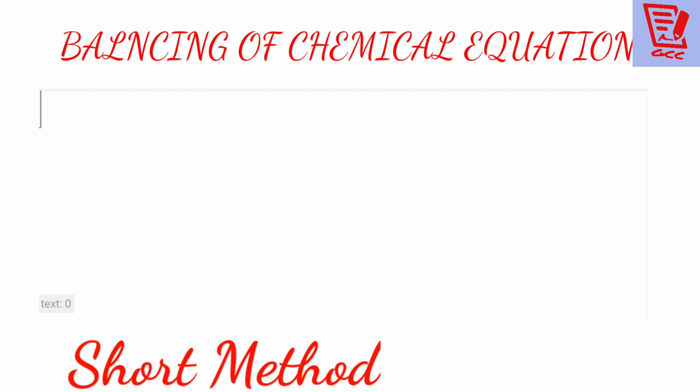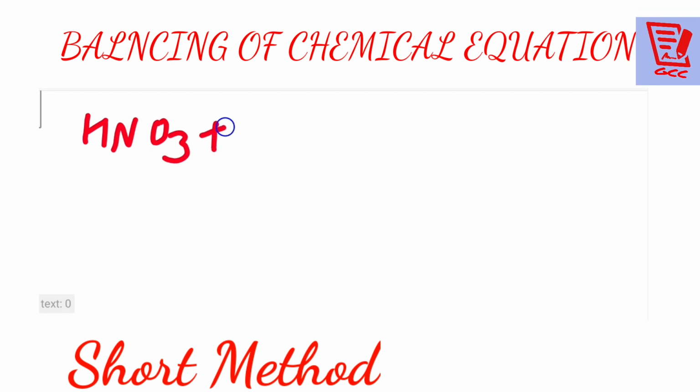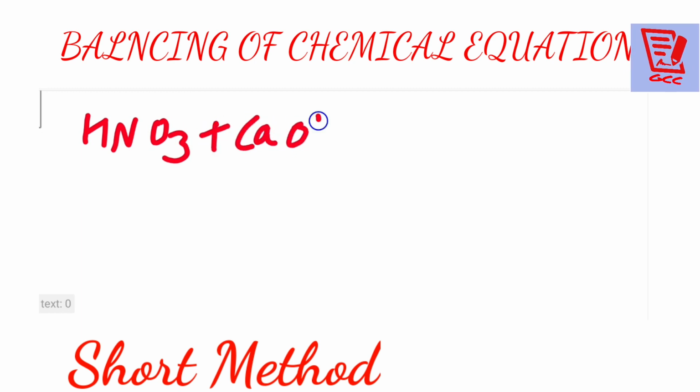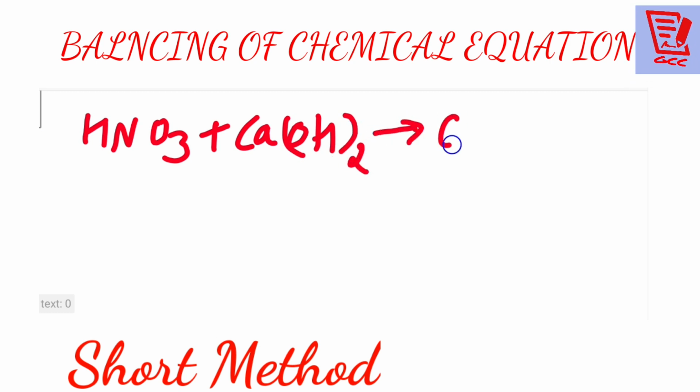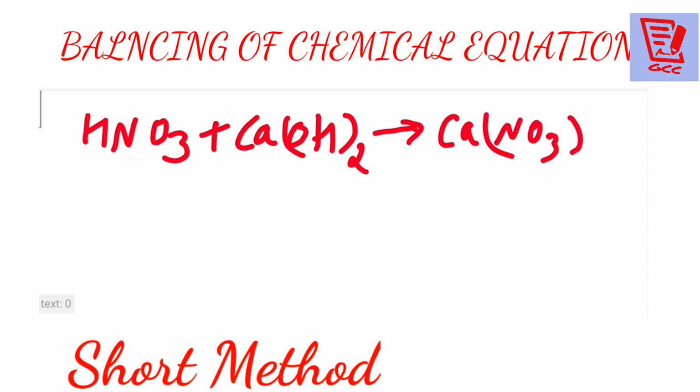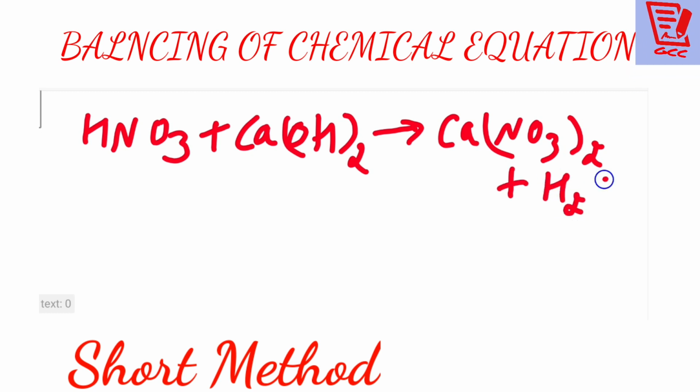Good morning students, once again let's do some more examples to balance the equation. Okay, see, one of the examples is here now. HNO3 plus Ca(OH)2 arrow Ca(NO3)2 plus H2O.